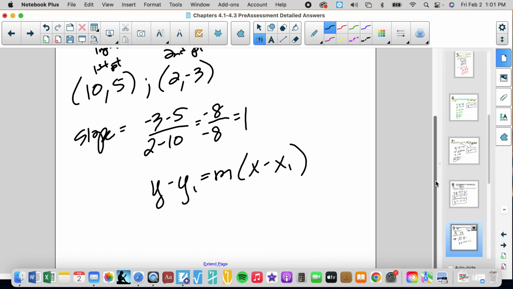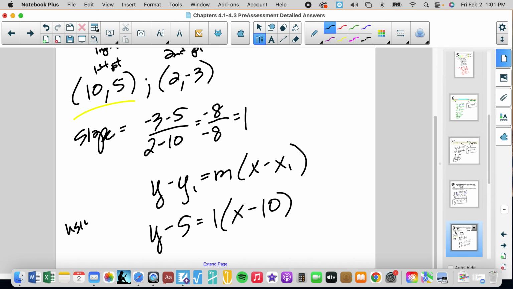So it lends me to believe that this is much easier. I'm going to use this point, and I have y minus its y value, which is 5, equals the slope, which is 1, times the quantity x minus the x value, which is 10, using the first point, the point 10, 5.